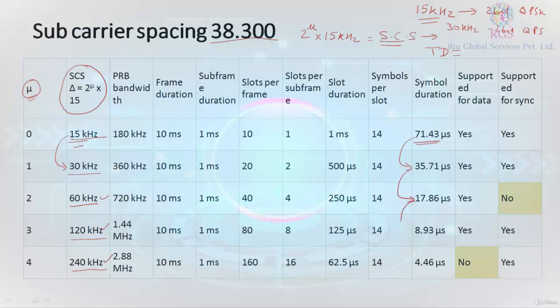And when you move to 120, it keeps on reducing the time. That means to carry 2 bits of information, now I will just spend 4.46 microseconds. Previously, I was spending 71.43 microseconds. This fundamental is very, very important, guys.